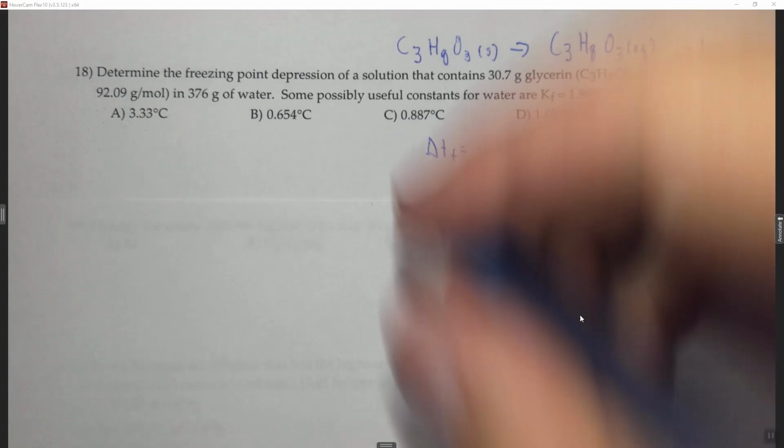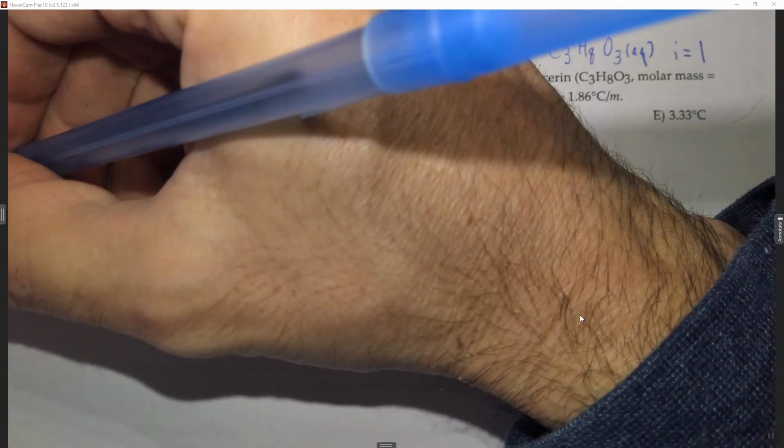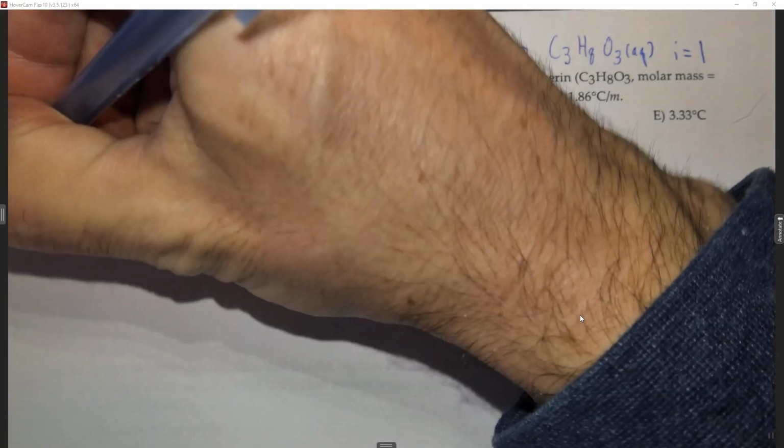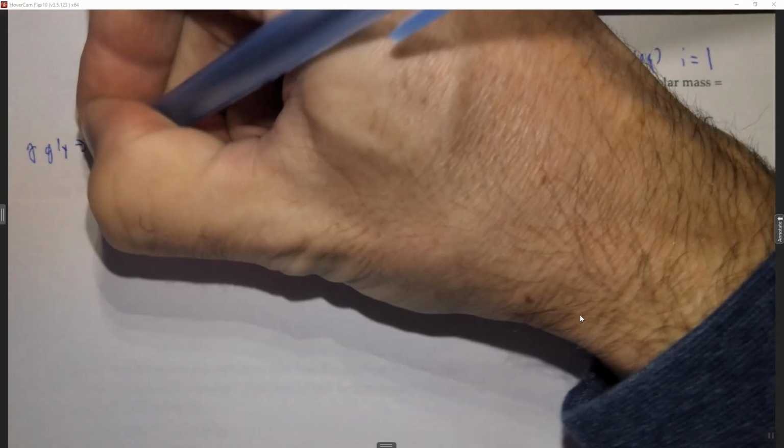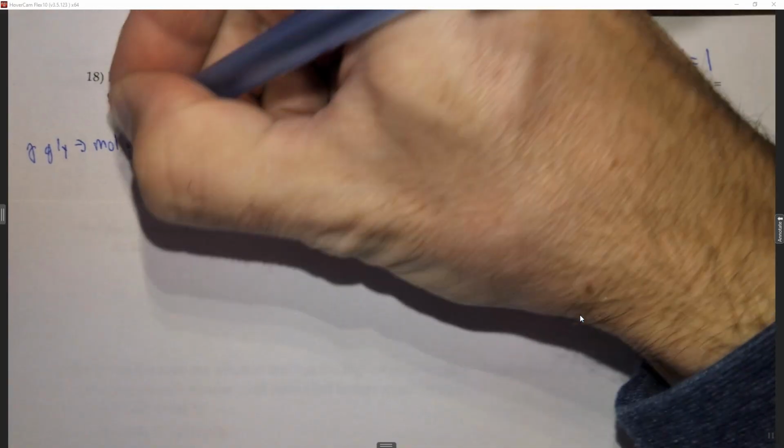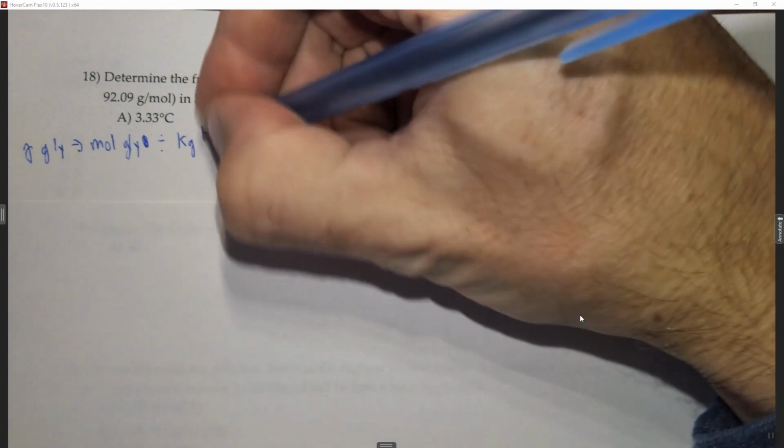So what we need to do now is find m, which is the molality. To do that, we want to go from grams of glycerin to moles of glycerin, and then we want to divide by kilograms of water.